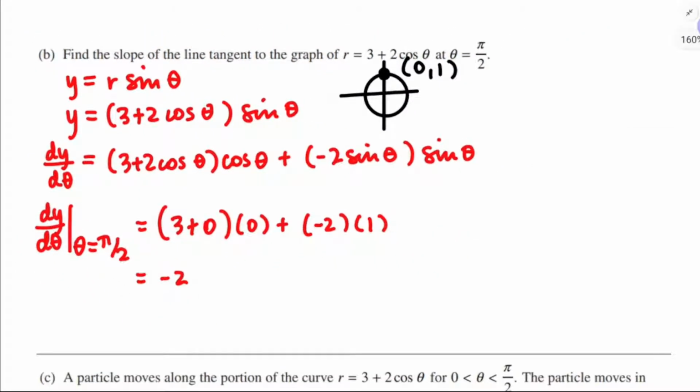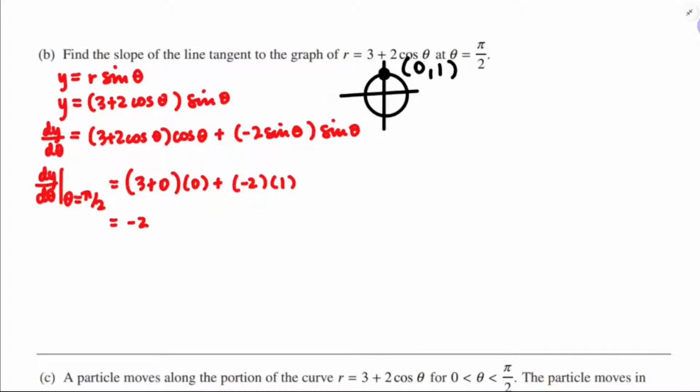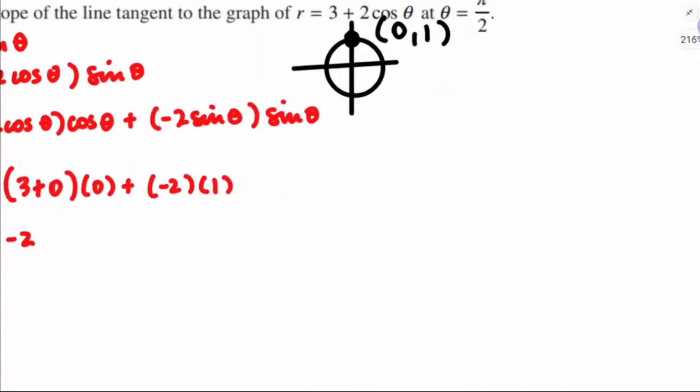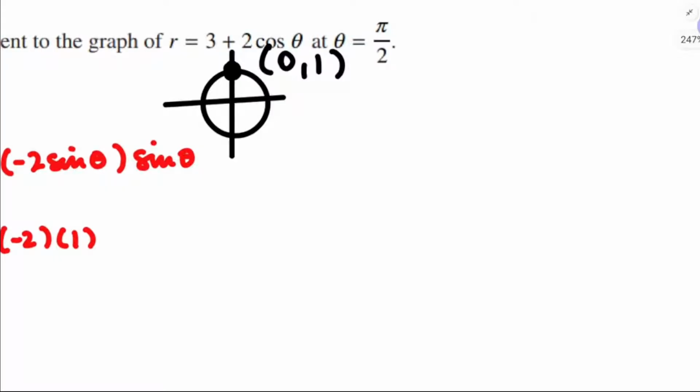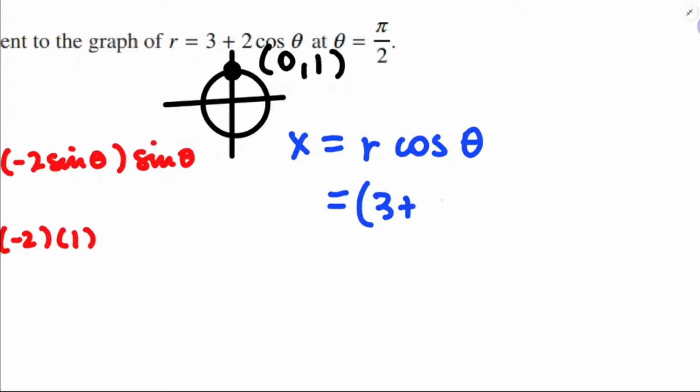Okay, then I might just go ahead and shrink that up a little bit and figure out the value of dx d theta at theta equals pi over 2. So x equals r cosine theta, and that's going to be 3 plus 2 cosine theta multiplied by cosine theta.